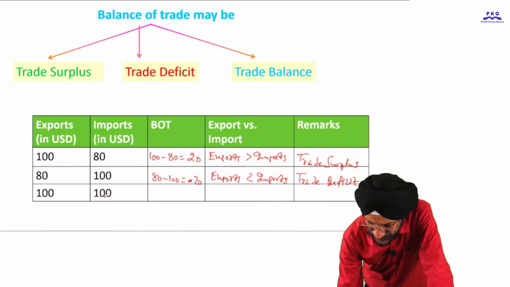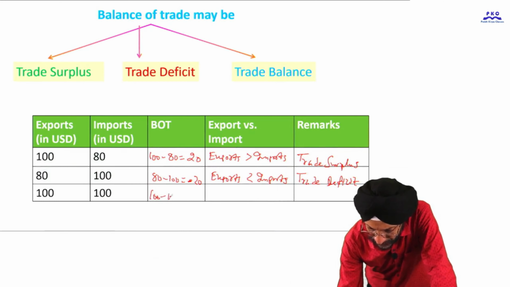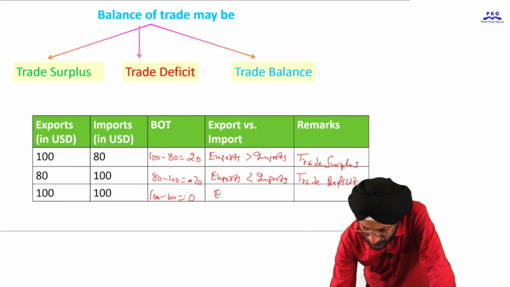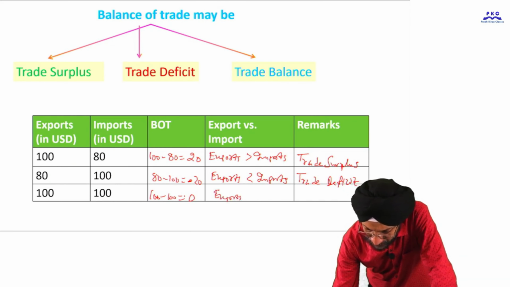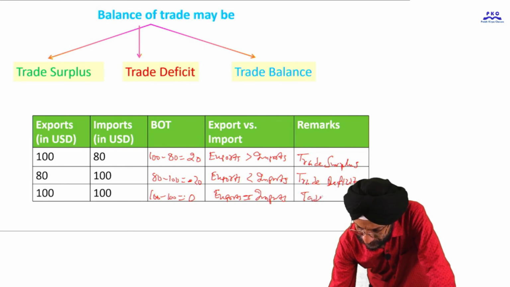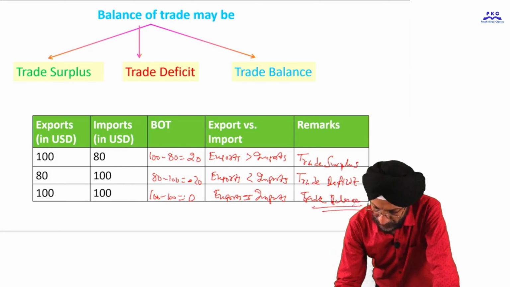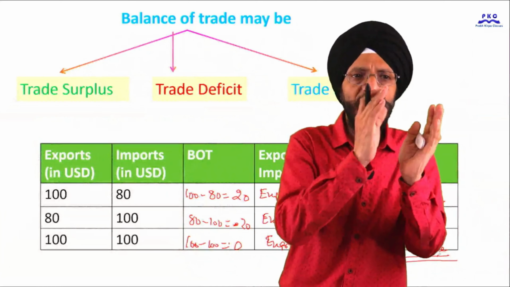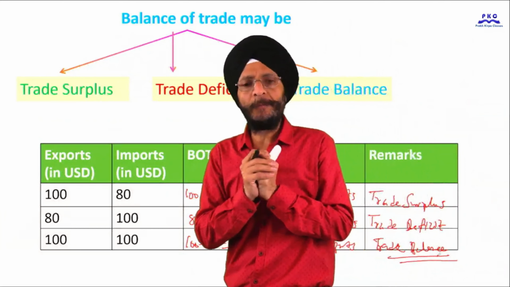So here 100 is equal to 100. 100 minus 100 is equal to 0. Exports are equal to imports. So here what is the position? It is trade balance. Trade balance or zero BOT occurs when exports are equal to imports.